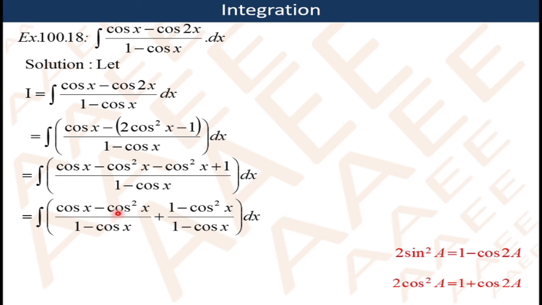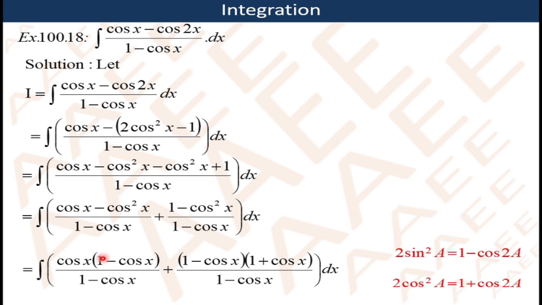From this term you can take cos of x common, it will be 1 minus cos of x, and from this term you can use a square minus b square is a plus b into a minus b, just like that. This will be 1 minus cos of x into 1 plus cos of x, and from here you can take cos of x common, and you will get cos of x into 1 minus cos of x.